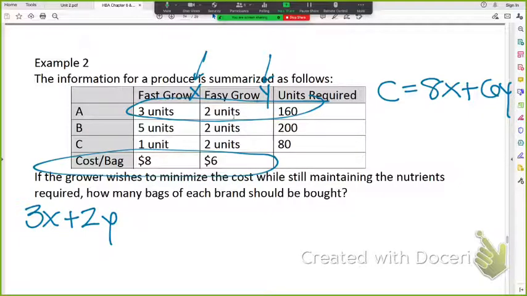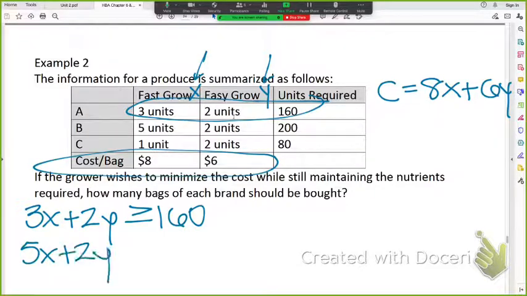It says we have to have at least 160 units. So that's greater than or equal to 160. What's my second inequality going to be? 5x plus 2y is greater than or equal to 200. Third one? 1x, 2y greater than or equal to 80.